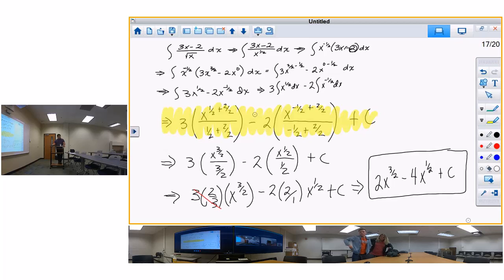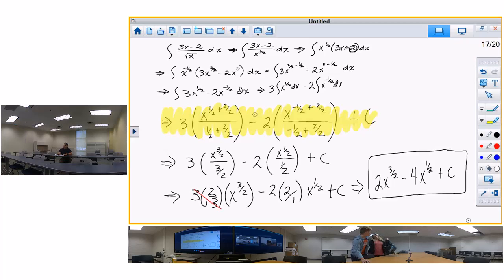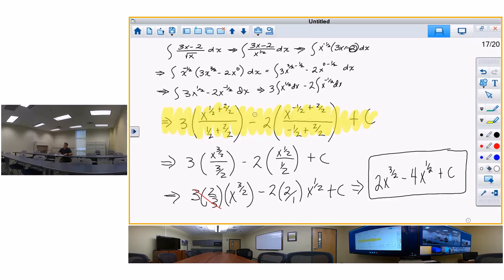Yes, sir. I need help on that last step. Okay, which one? The three, where you cross the threes out? Yeah, that's 3 over 1. Well, how did you get there from the one before? Okay, this 2/3, this 3/2, when you divide by a fraction, you multiply by the what? The reciprocal. So I just brought it up here and flipped it, 2/3.